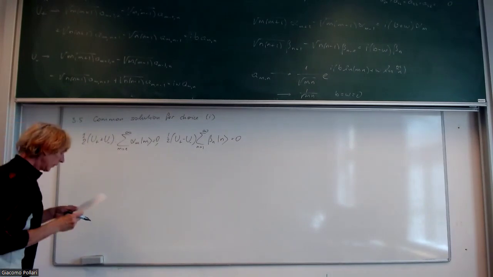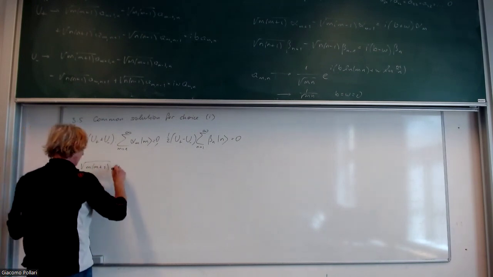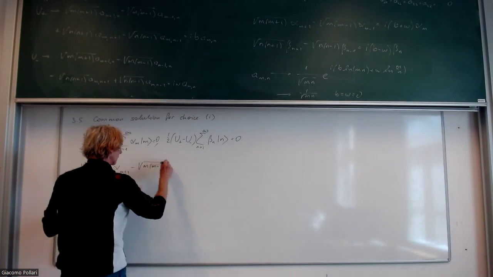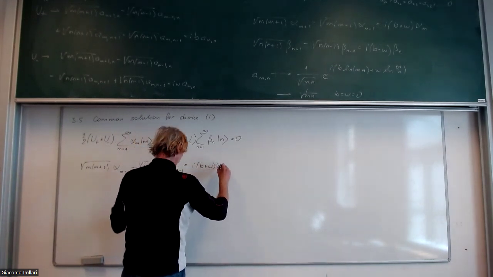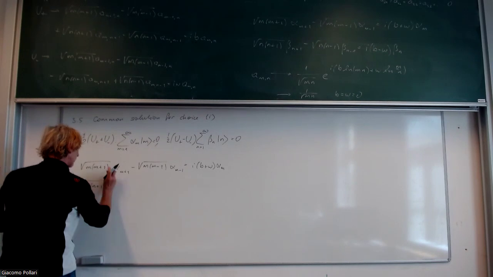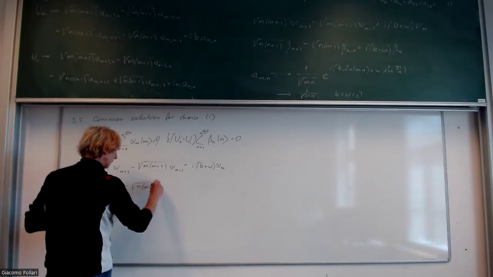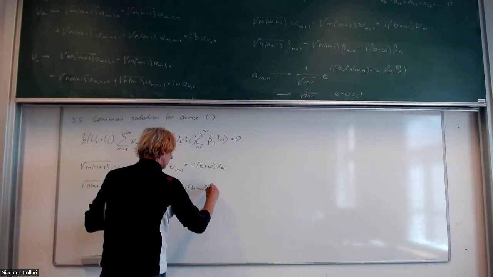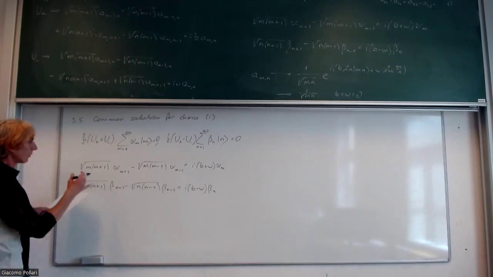Instead of u plus and u minus, this gives the difference equations: sqrt(n+1) alpha_{n+1} minus sqrt(n-1) alpha_{n-1} is equal to (b plus w) alpha_n, and the same for beta: sqrt(n+1) beta_{n+1} minus sqrt(n-1) beta_{n-1} is equal to (b minus w) beta_n.